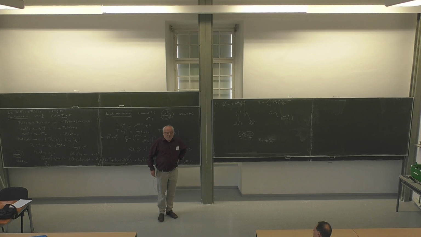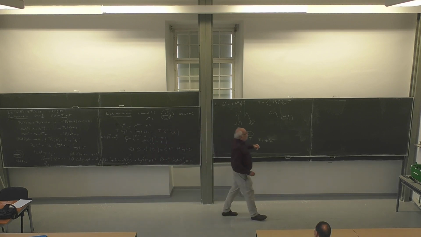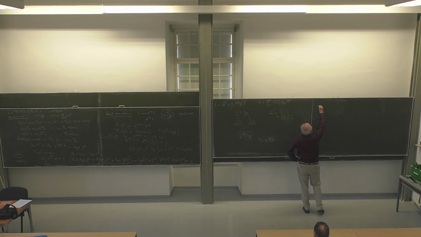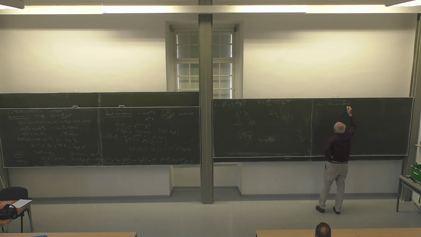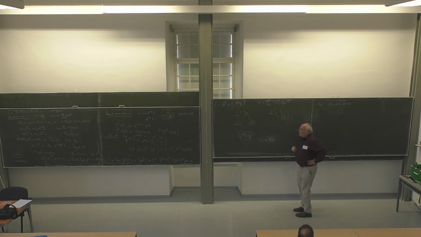In fact, from the geometry of the situation, because this was obtained from this elliptic curve E_t, you can see what happens to the cycles.